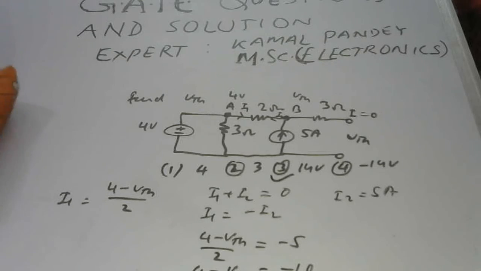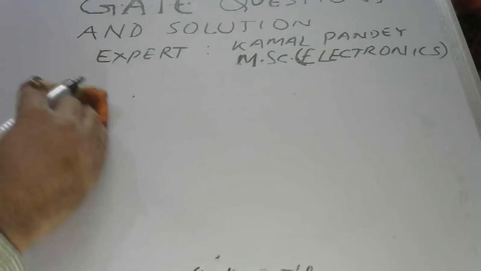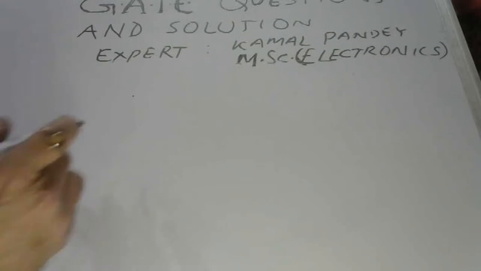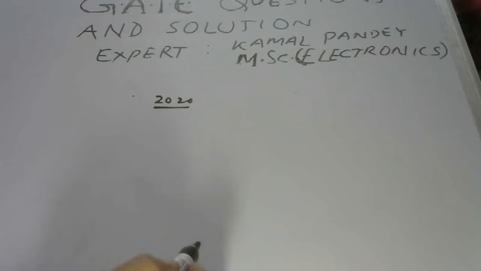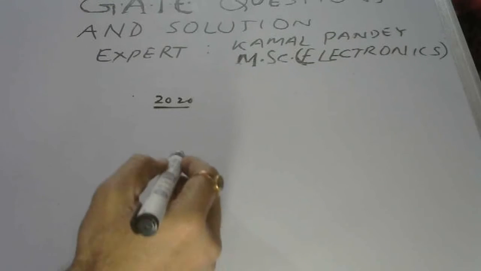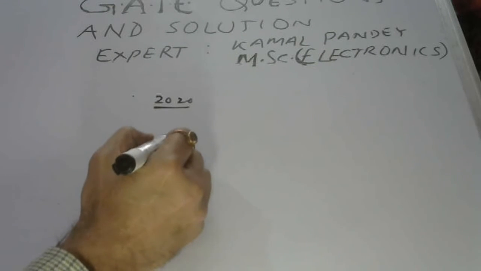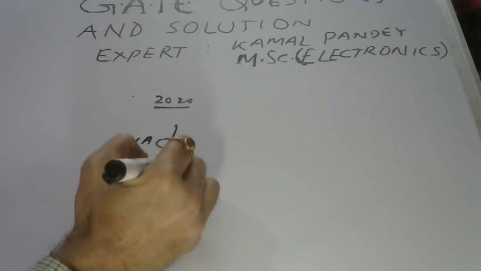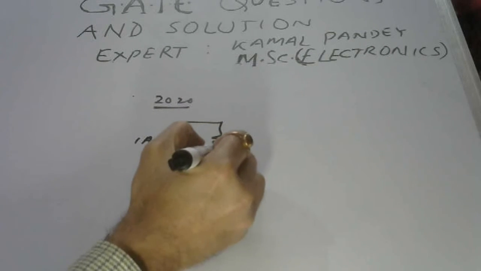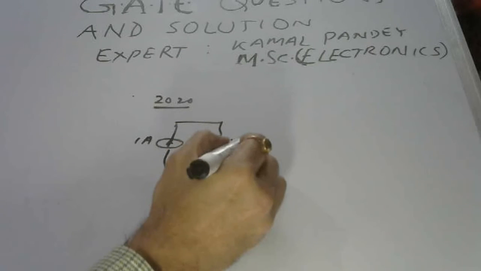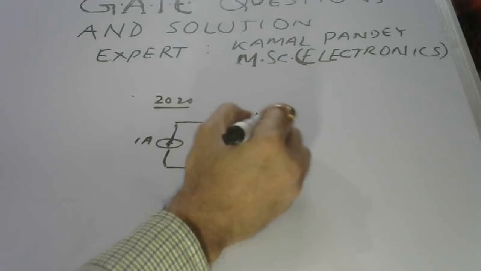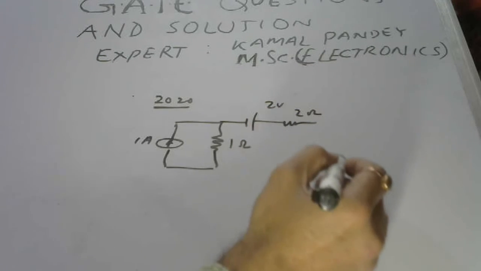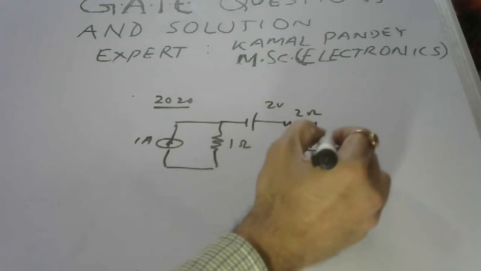We have another question. This question was asked in Electronics and Telecommunication Engineering 2020 for 2 marks. This is the current source we have of 1 ampere, flowing here, and here is a resistance of 1 ohm. Here negative, this is positive, a voltage supply of 2 volt, and this is a 2 ohm resistor connected, and another current source here where 2 ampere is flowing.